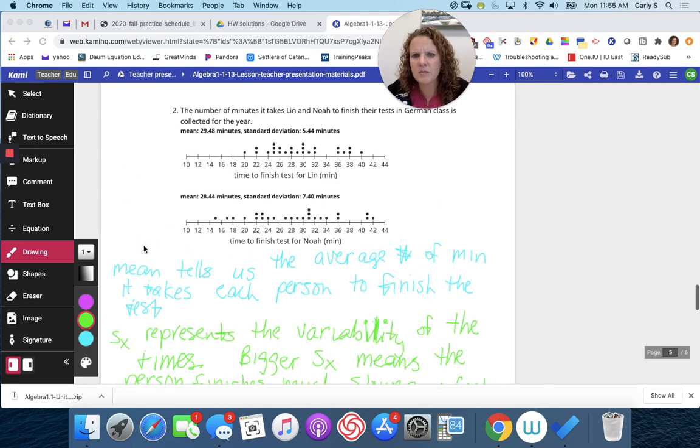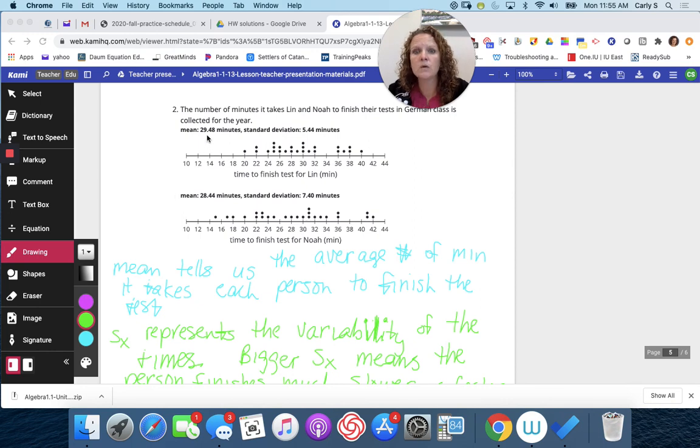And then interpret here. So Lynn finishes in an average time of 29.48 minutes, so that's not 48 seconds. It doesn't work that way. But 29.48 minutes, and Noah finishes in 28.44 minutes, so pretty close to each other, right?